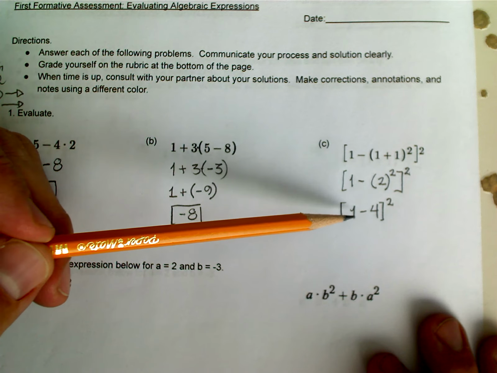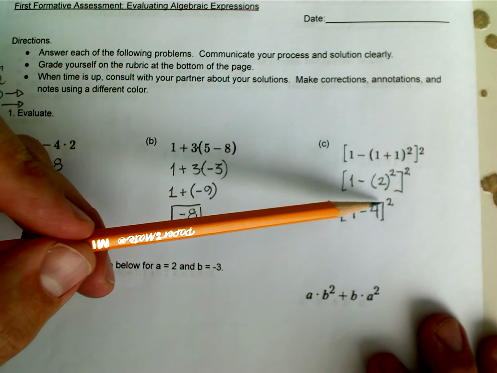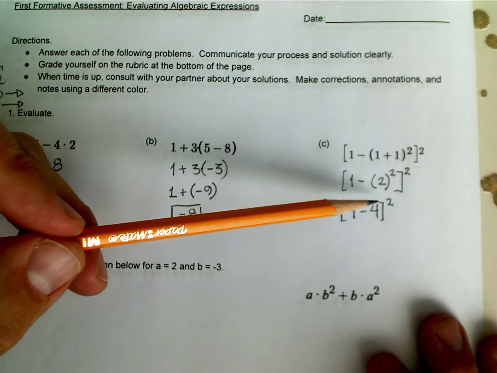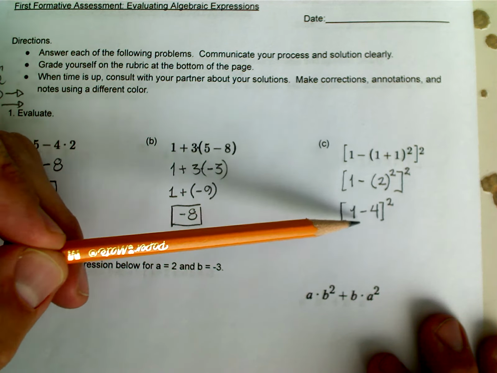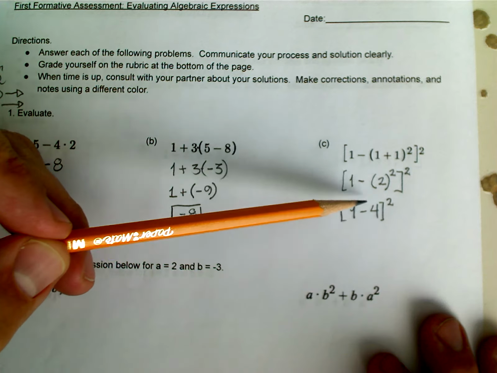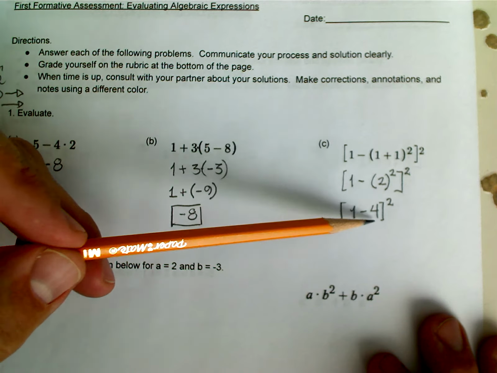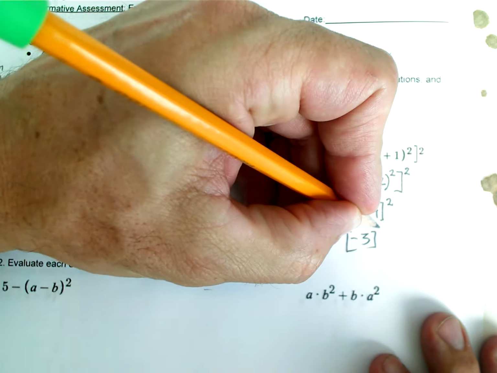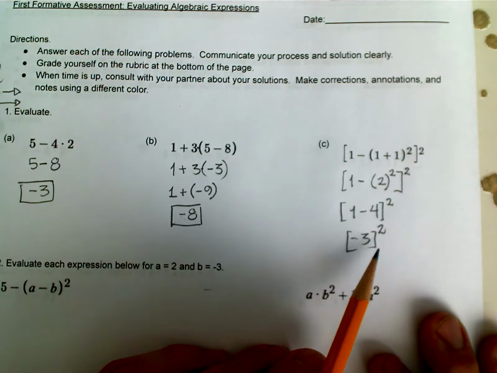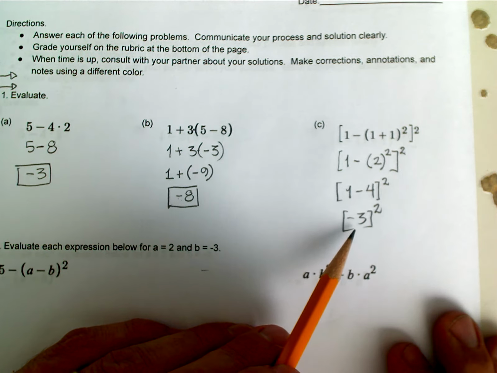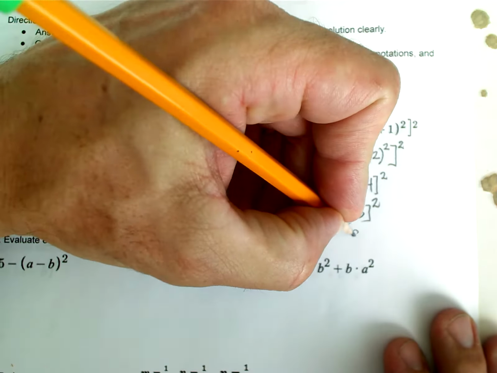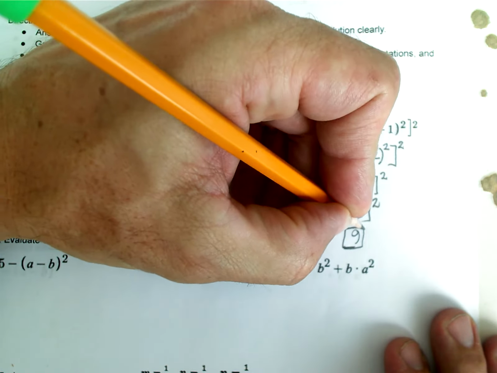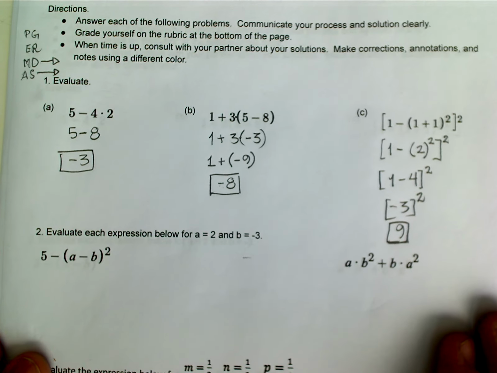Now I'm just down to two operations, subtraction and exponents. And normally we do the exponent first, but I've grouped that subtraction to force it to happen before the exponentiation. 1 minus 4 is negative 3. Square that. That's my last operation, and that's a negative 3 times a negative 3, which gives me a positive 9. And that is the solution to the first problem.